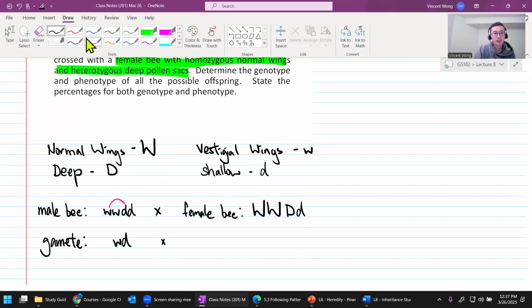And for the female, we can have big W, big D, and big W, small d. It would be the same with the other W, so I don't have to write it twice. If you write repeating gametes, your table is going to end up being unnecessarily big and complicated.